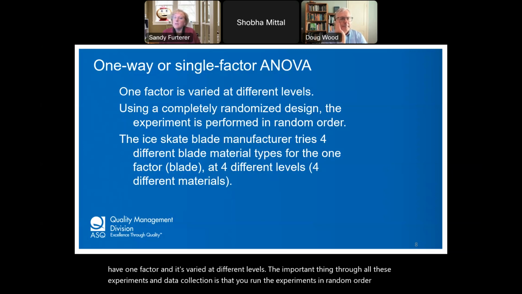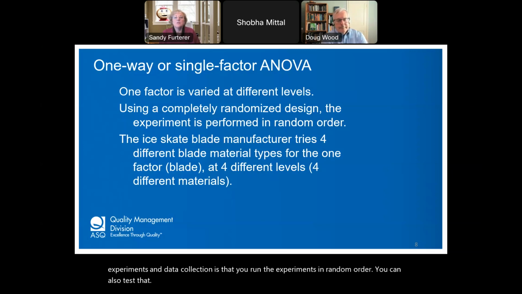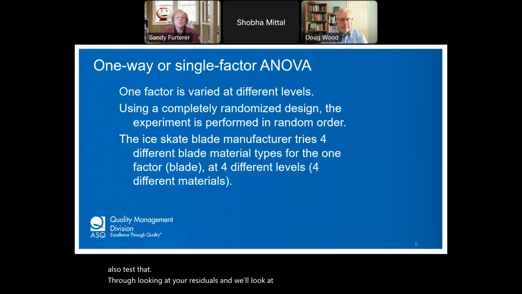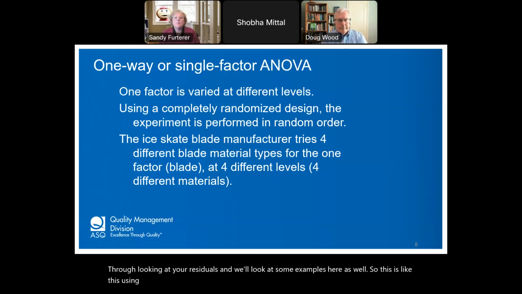You can also test that by looking at your residuals, and we'll look at some examples here as well. So this is like my ice skate blade example. They're going to try 4 different blade material types for the one factor, the blade. Single factor, 4 different levels.